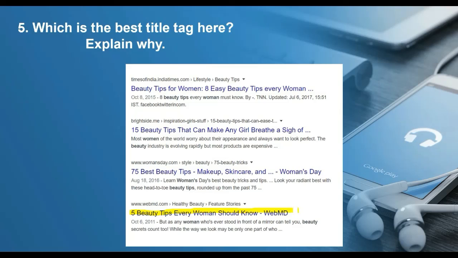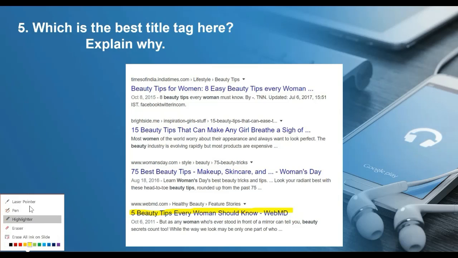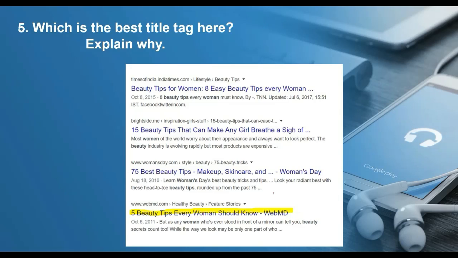Of course, because the branding is there. Here's the branding. And here's the complete title of the blog. So everything is written. It's not cut, just like the others.